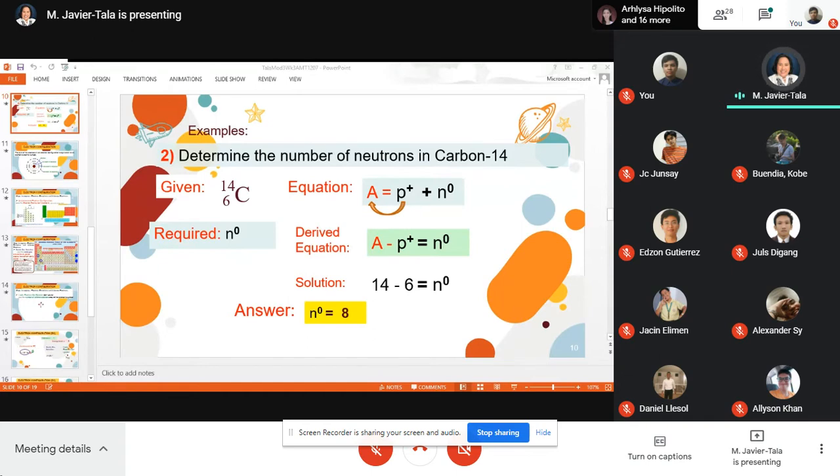So it will be 14 minus 6 and your number of neutrons is 8. That is because we have considered the given which is carbon 14. But of course, if the given is carbon 12, your number of neutrons will be different also.